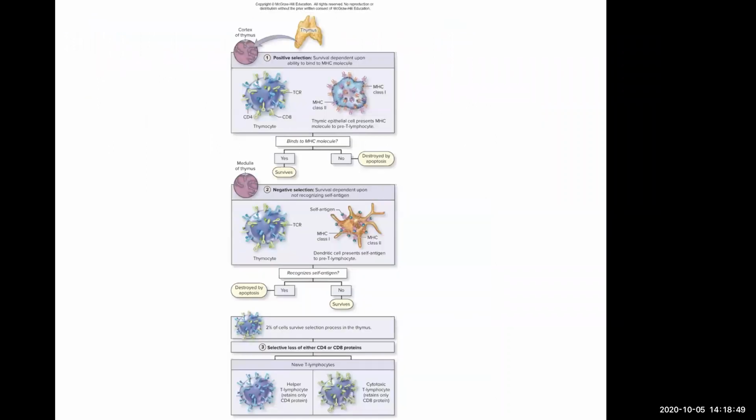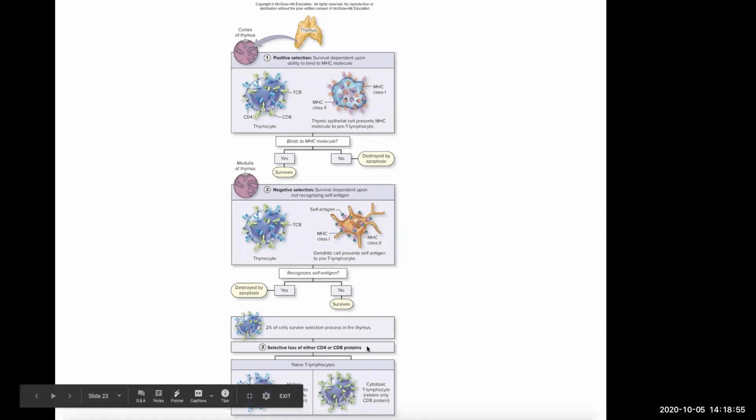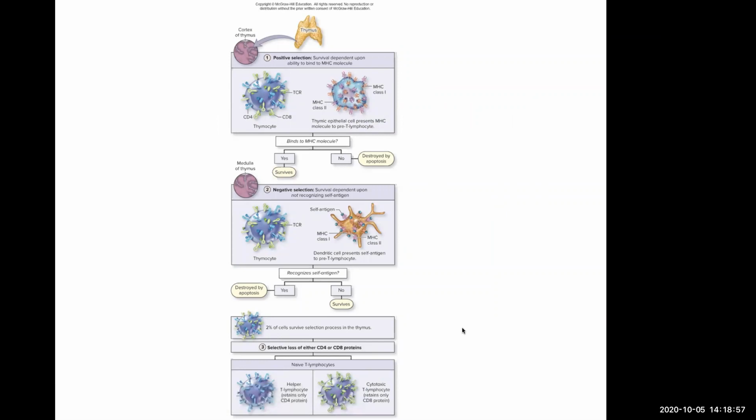Okay, and this is just a slide you can use to study positive and negative selection, and then the last part being the loss of the CD8 or CD4. At that point you have immunocompetent but naive T cells that are going to get into the circulation and travel to secondary lymphatic structures where they will await interaction or exposure to their antigen.